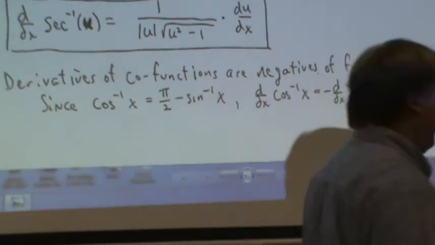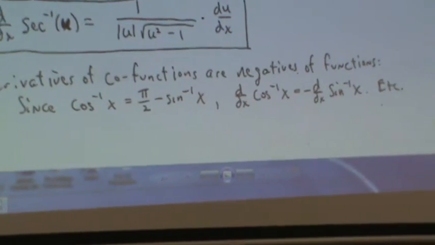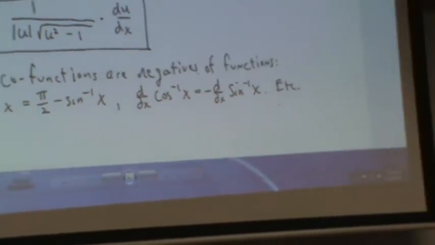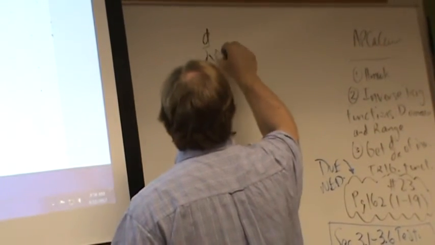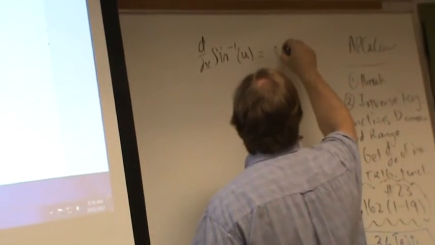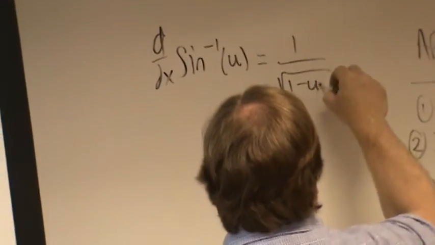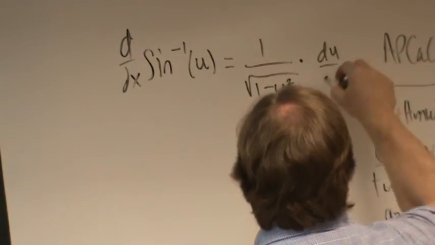So now I'm going to summarize this on the board, and then I'll be done, because the rest is for you just to, not today, but tomorrow night, to just mindlessly plug into these formulas. So what you learned is the derivative of the inverse sine of u is equal to 1 over the square root of 1 minus u squared times du dx.